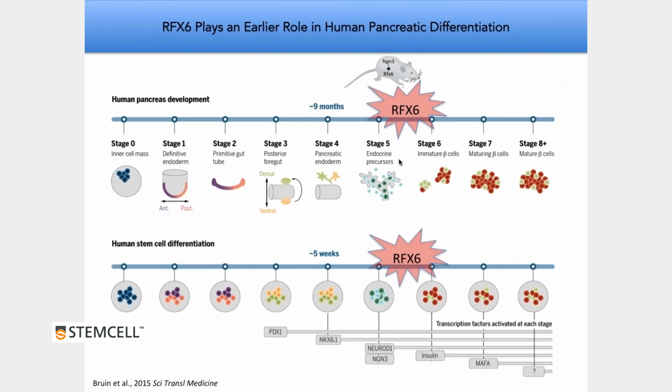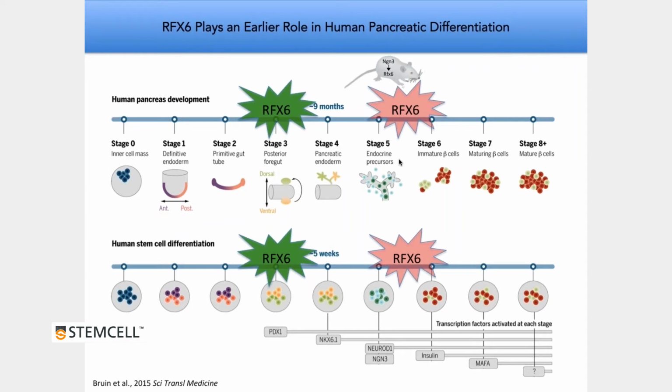RFX6, because it's expressed at the same time as PDX1, could potentially regulate PDX1, and I've shown you by ChIP-seq that PDX1 is bound to RFX6 in human pancreatic progenitor cells. So we believe that this regulatory relationship in humans is slightly different than what has been previously reported for the mouse. So what is next for us?